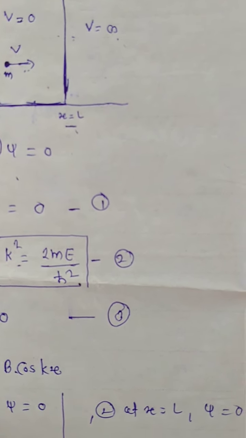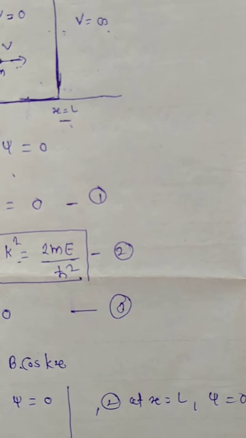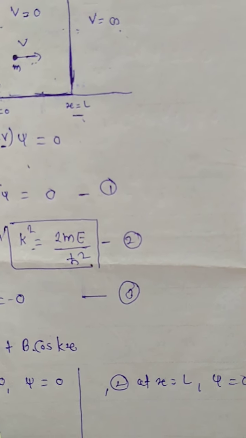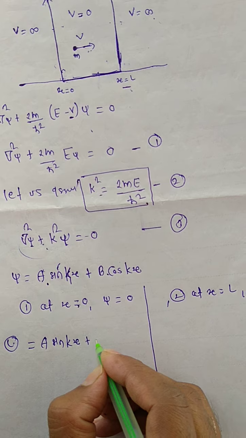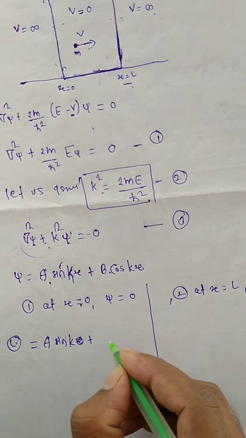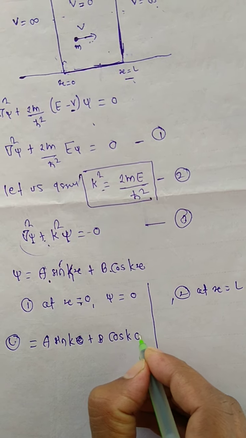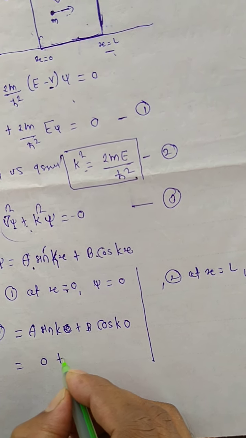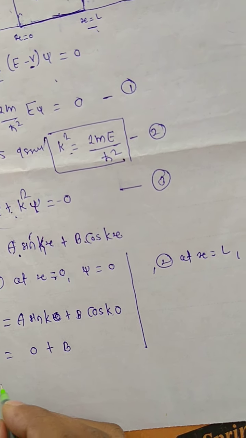Apply the first boundary condition to the equation: 0 equals a sin kx plus b cos kx at x equal to 0. Sin 0 is 0 and cos 0 is 1, so b is equal to 0.